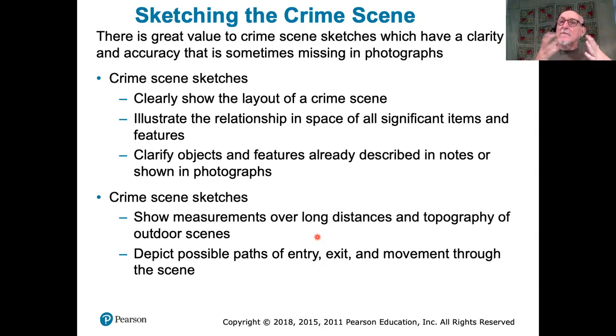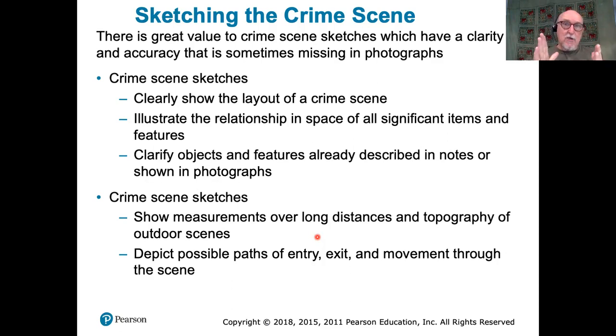Now, here's what's really useful, because as I've said before, you walk into an ordinary lounge and it may be cluttered with objects. And only after investigation do investigators decide which objects in that room have evidentiary value.